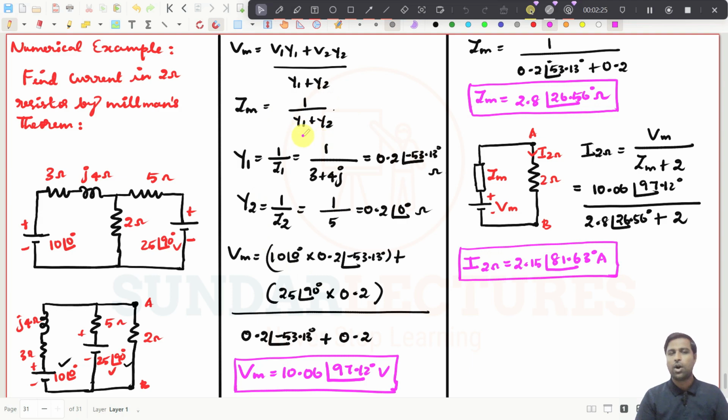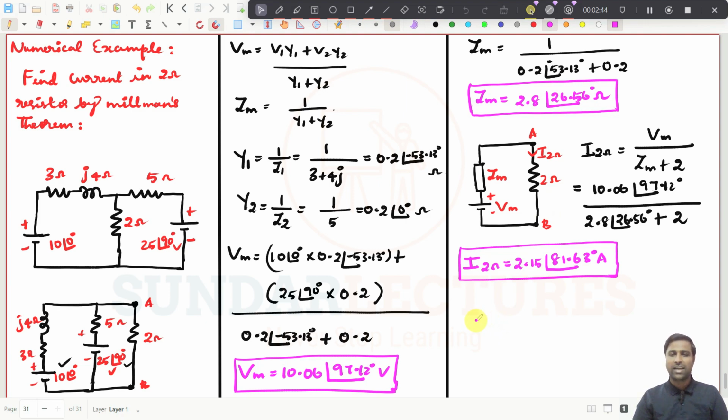We just found y1 and y2 and substituted in these two expressions, we got Zm and Vm, and we have just applied a single loop problem. Like a single loop, you can easily find the current through this resistor. So this is how you need to apply Millman's theorem, right?